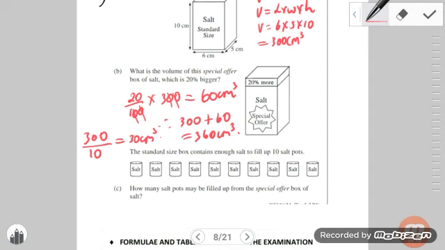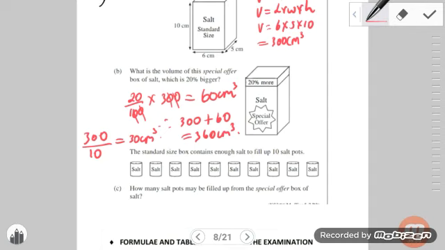Alright? Because since the volume of the standard size salt box is 300, and it has enough salt to fill up all 10 of these pots, it would mean that each of these salt pots would contain approximately 30 cubic centimeters of salt.